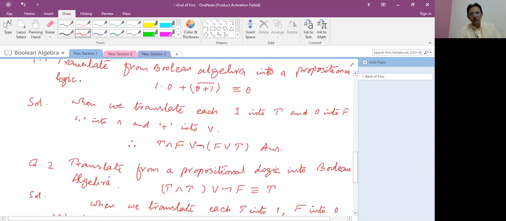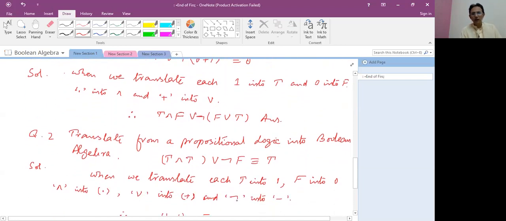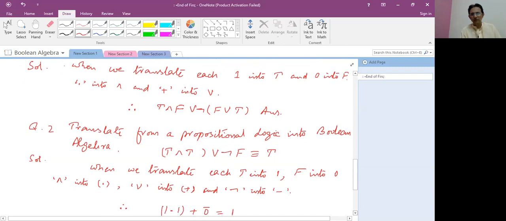Similarly, students, how can we convert propositional logic into Boolean algebra? We translate each T into 1, F into 0, and into dot, or into addition, and negation into bar.